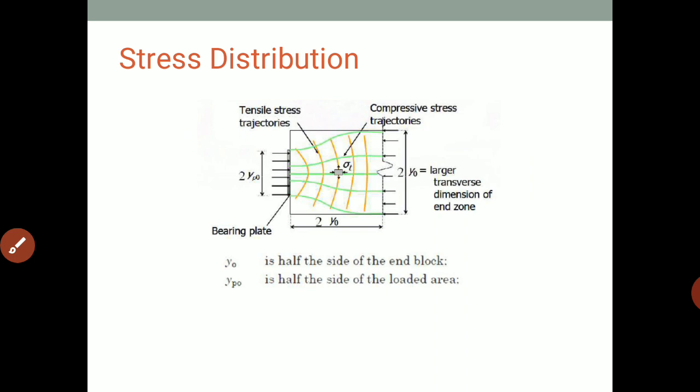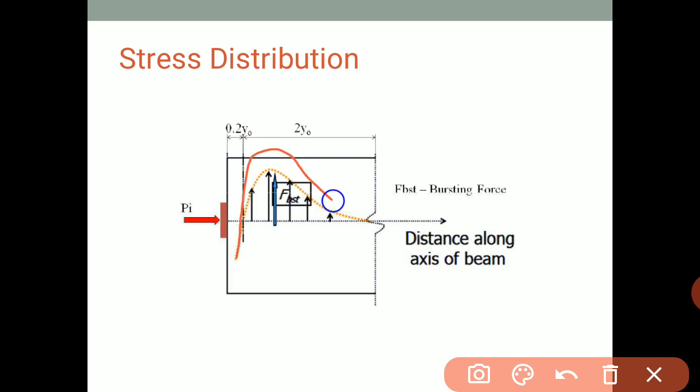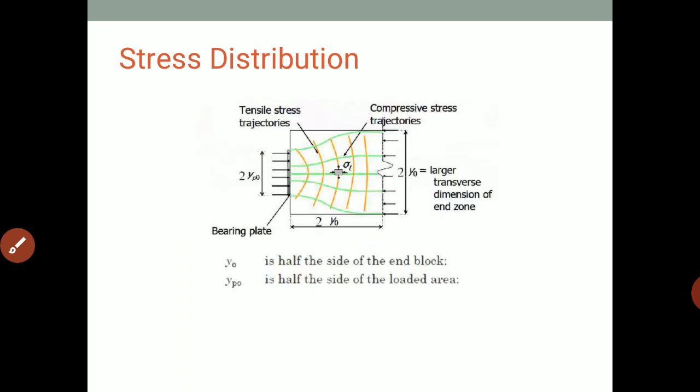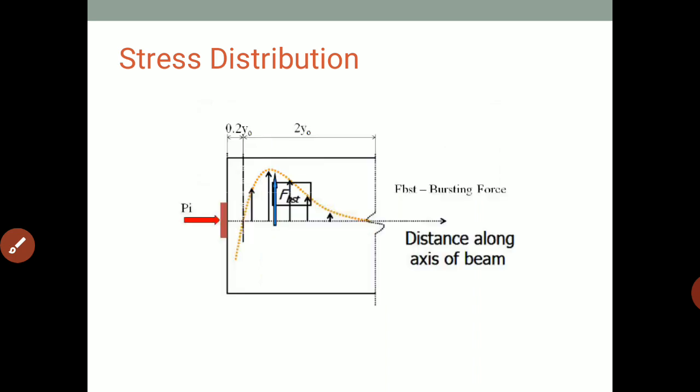So this is the stress distribution diagram for the end block, and this is the nature of stress. It gets higher in this part where stress trajectories are complicated, not parallel, and not in a simple way. This is the complex stress distribution curve, and for this curve we have to design.